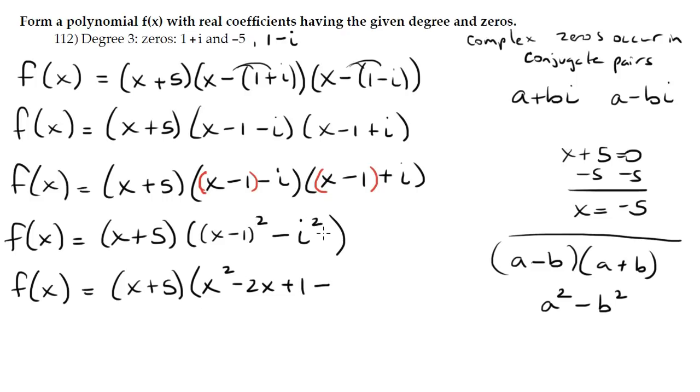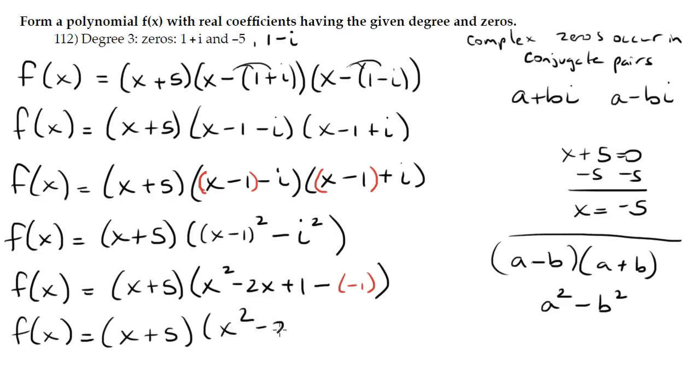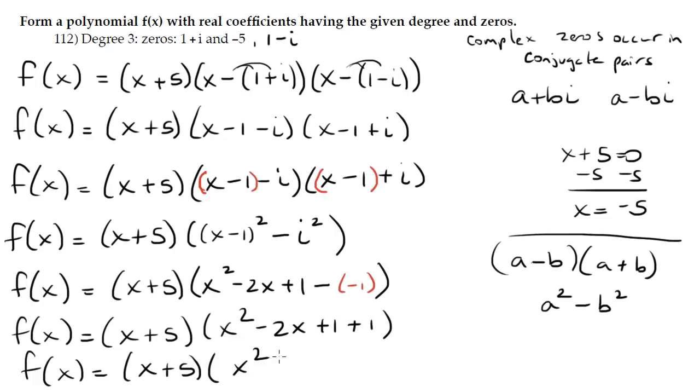And minus i squared is negative 1. Now you could have multiplied here, here, here. It just gets really, really cumbersome. So I have x squared minus 2x plus 1 plus 1. So I have x plus 5 times x squared minus 2x plus 2.